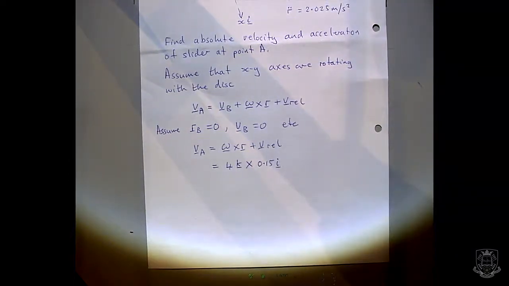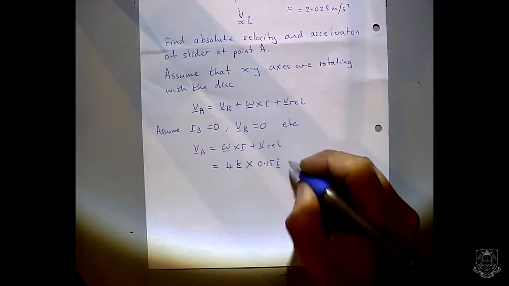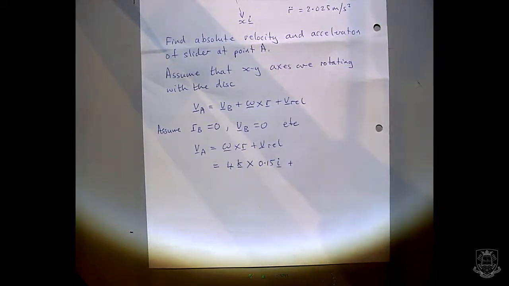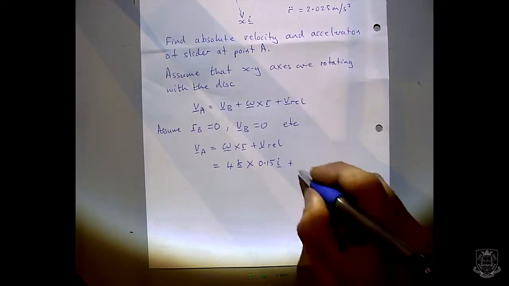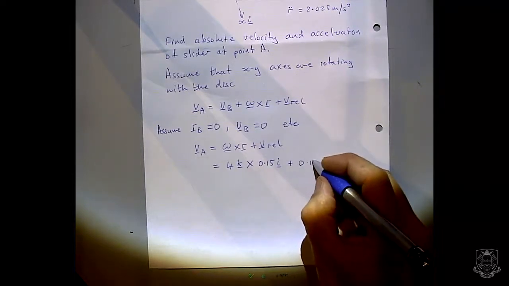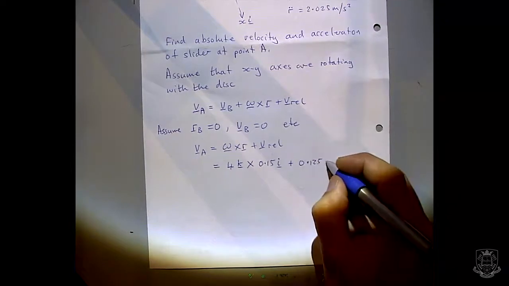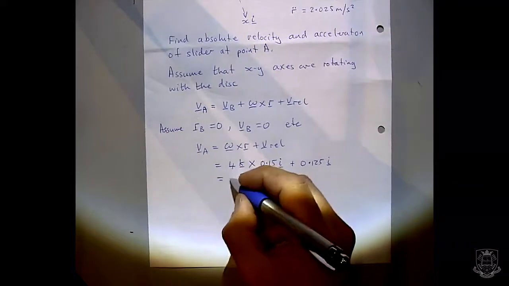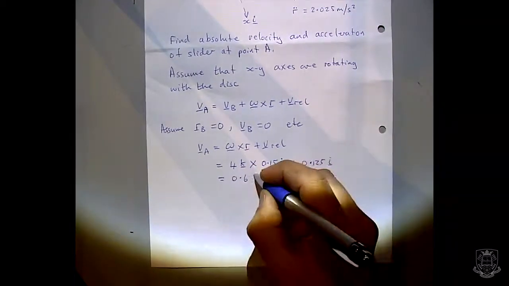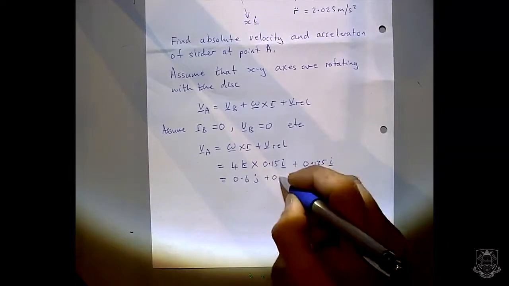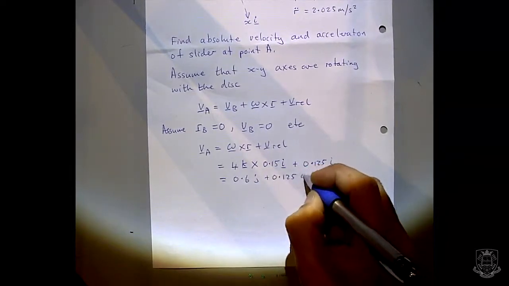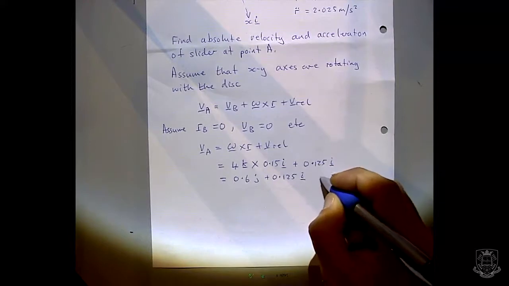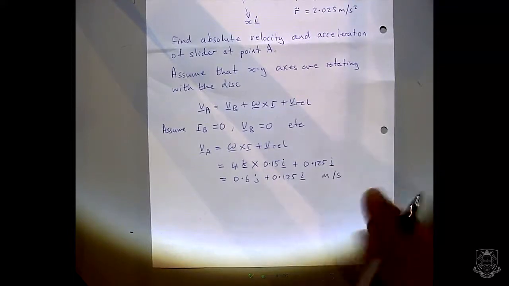We also know the relative velocity, given in the question, is 0.125 meters per second, also in the I direction. If we work that out, we get 0.6 J plus 0.125 I, and the units are meters per second.